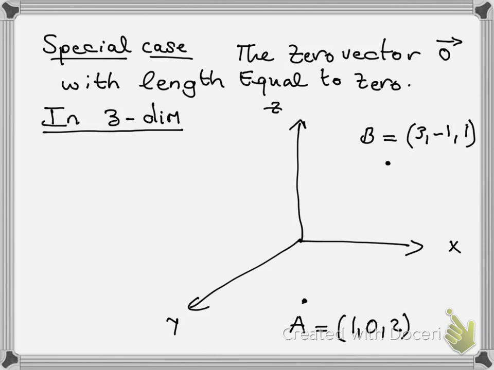Okay, so if you want to find the displacement vector from A to B, you go from A to B, so that will be the vector AB.